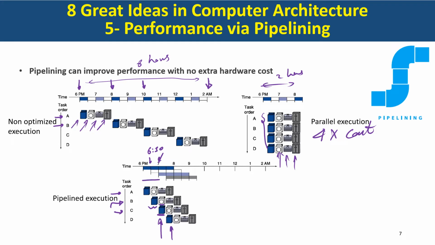In total, we consume here 3 hours. Yes, it's more than 2 hours, but it's not 8 hours, and we don't increase the cost. We have one washing machine, one iron, one dryer. That's basically the idea of pipelining.